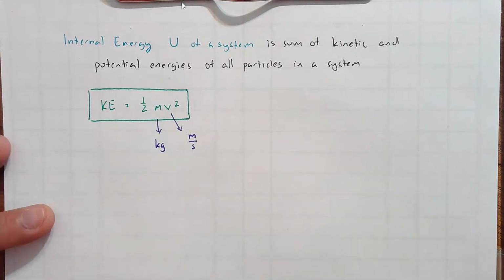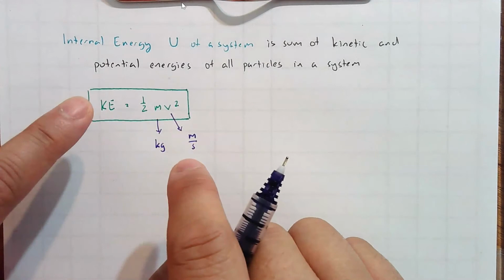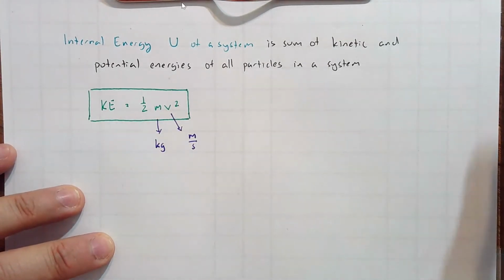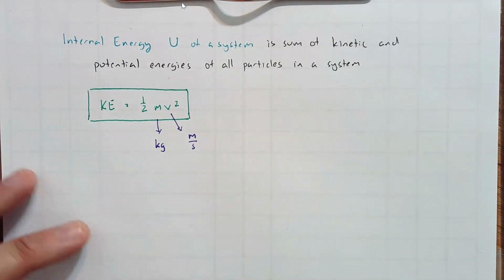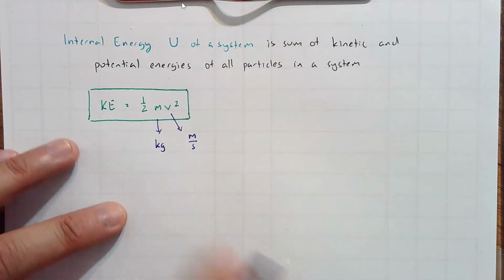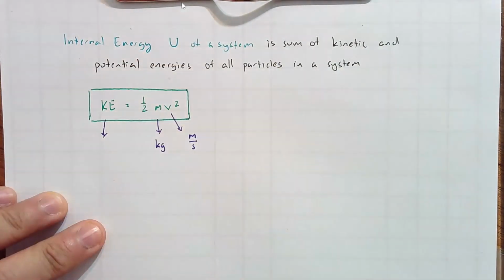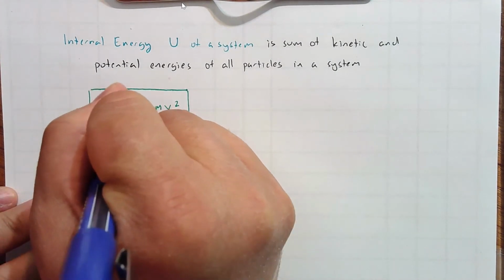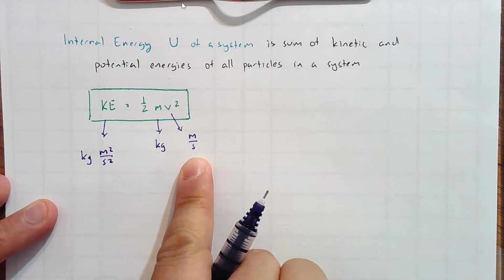How good is your unit analysis? If given these units for these variables, what is the unit for kinetic energy? Go ahead and give that a shot. You could pause the video if you need to. The unit for kinetic energy is, well, simply kilogram meter squared over second squared, because it's coming from the squaring of velocity.